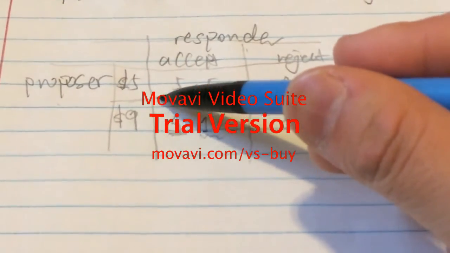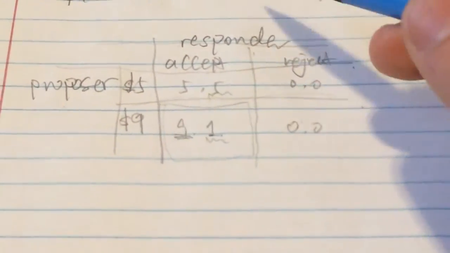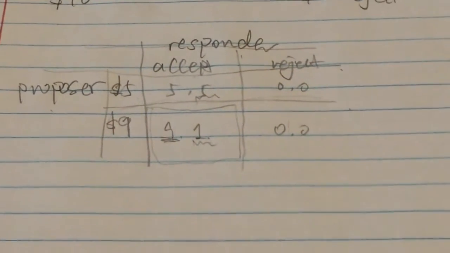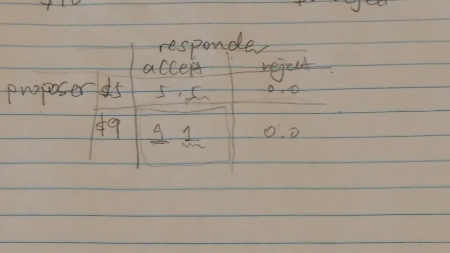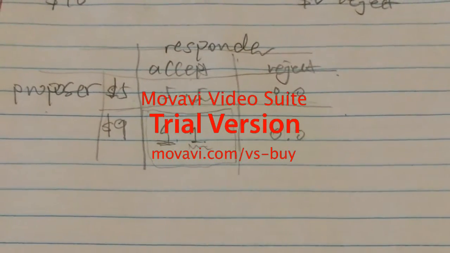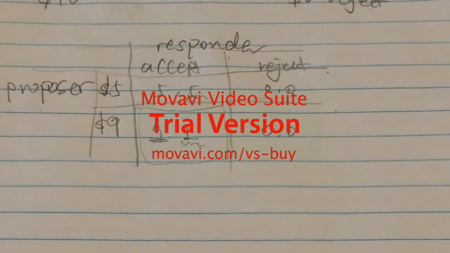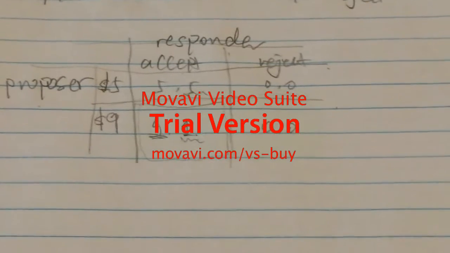So, as we can see, the Nash equilibrium lies in this cell. This means whatever the proposer's plan, the responder should always accept this amount of money, because the responder is always better off accepting than rejecting and getting nothing.